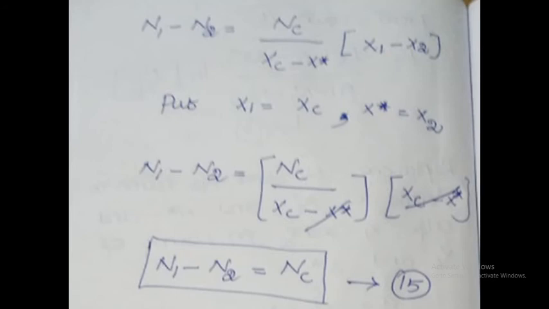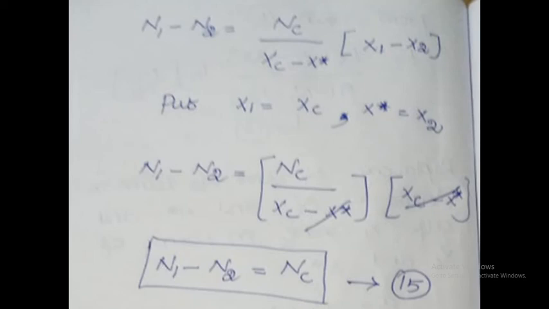From equation 9, refer to equation 9: Nc is equal to a into Xc minus X star. This is equation number 9. From that, small a is equal to Nc by Xc minus X star. This is the 14th expression. Substitute 14 in the 13th expression. Capital N1 minus N2 is equal to Nc by Xc minus X star into X1 minus X2.